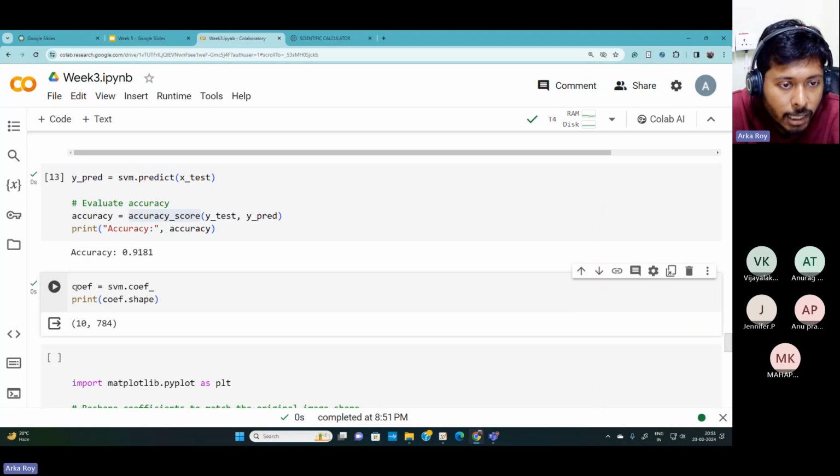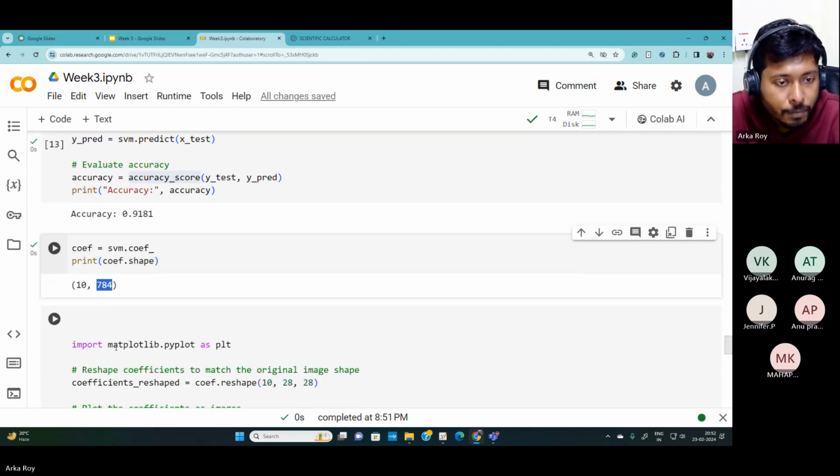We can see that this is the coefficient shape, that is 10 cross 784. 10 refers to the number of classes, and 784 refers to the number of features.